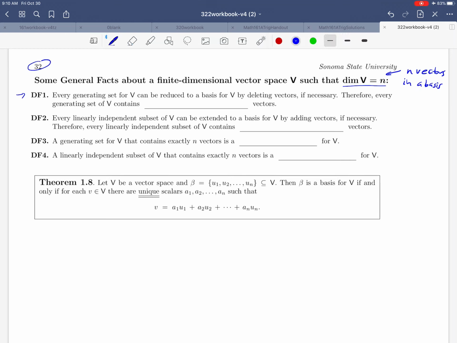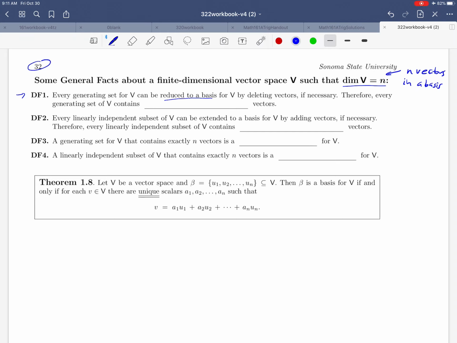Okay, and if we read the first sentence, it says that every generating set for V can be reduced to a basis for V by deleting vectors if necessary. If you think about it, that kind of makes sense because we already know that a generating set for V is a set that's big enough so that we can build every vector that we want to in V. So there's a possibility that maybe that set is too big, and if it's too big, this is just telling us that we can reduce it to a basis by deleting vectors if necessary.